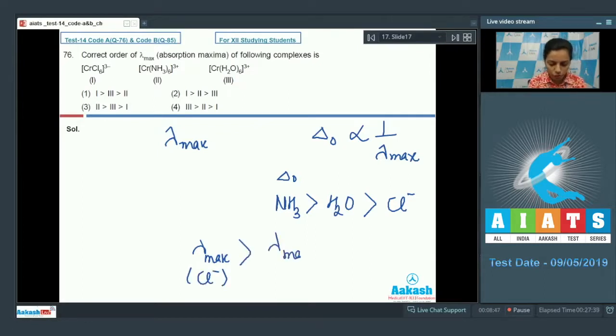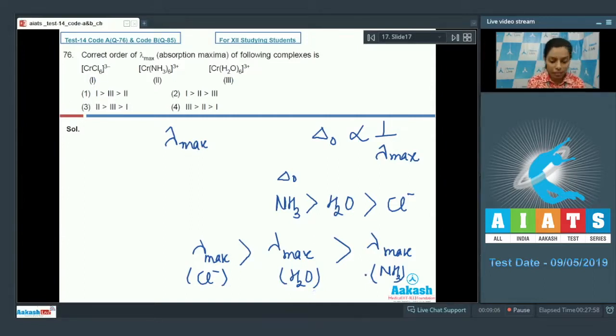Then there would be the term for H2O, and after that there would be the term for ammonia, NH3 ligand. Now this would be the order. So on the basis of their numbers, these are 3, 2, 1. These numbers are given.